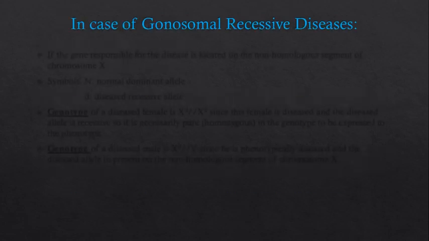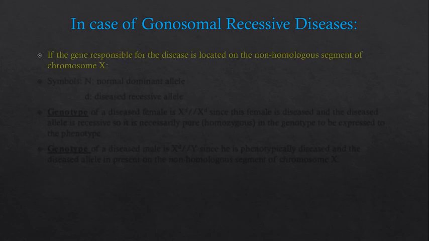In the case of gonosomal recessive diseases, the cases we were discussing were autosomal diseases. Now we are going to check how we are supposed to write the genotypes in case the disease is recessive but gonosomal.